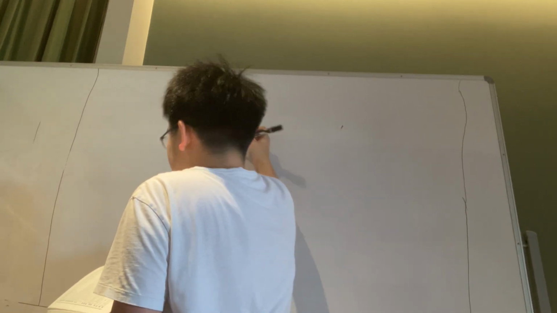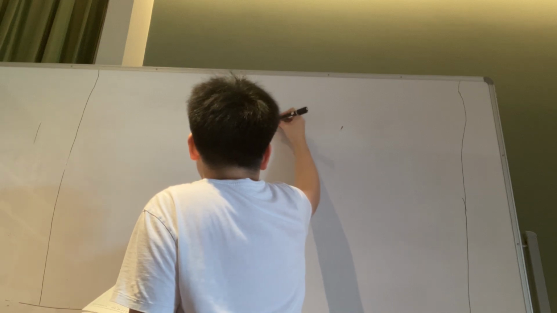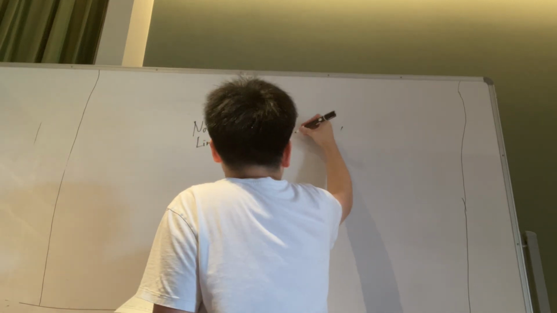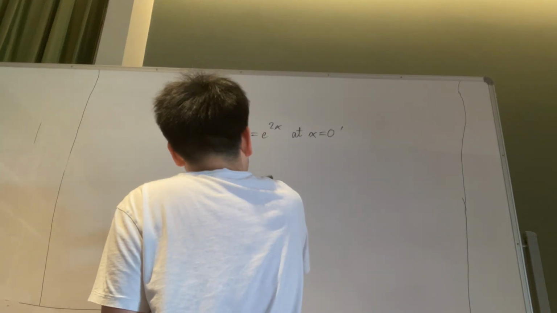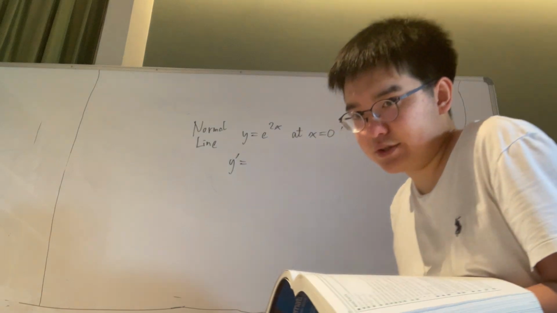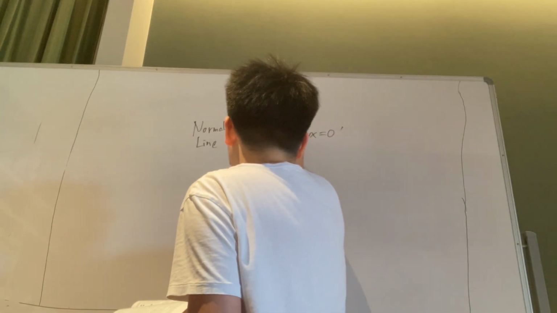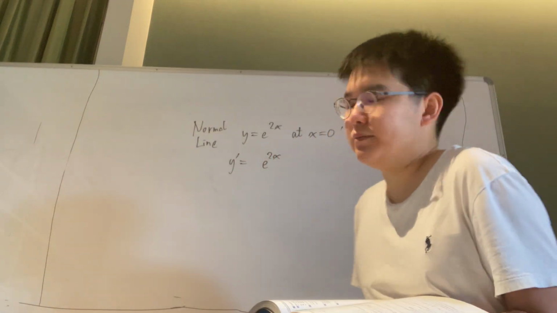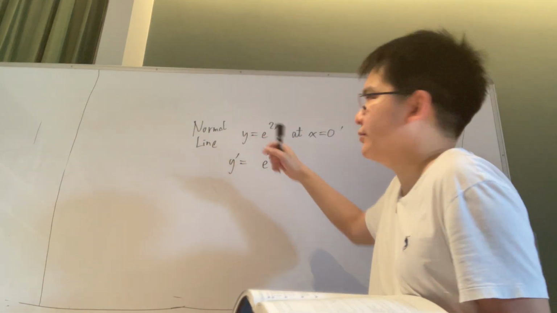normal line to y equals e to the 2x at x equals 0. Y prime: e to the 2x is a composite function, e to stuff. So you get a copy of e to the 2x, but then you multiply by the derivative of the inside expression, 2x, which gives you 2.